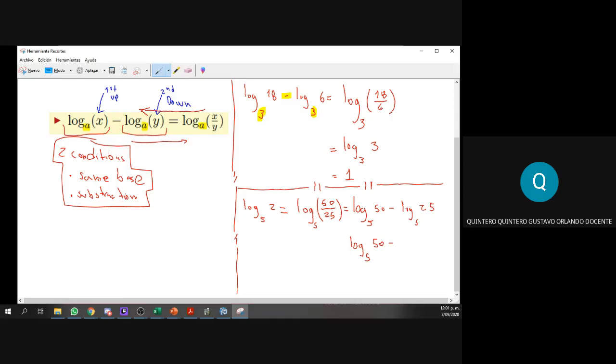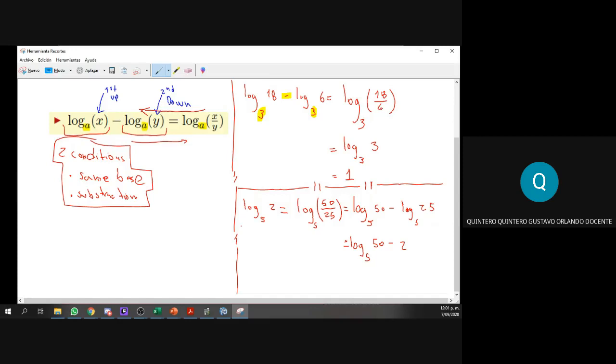To what value do I elevate the 5 to get 25? 2, right? All right.